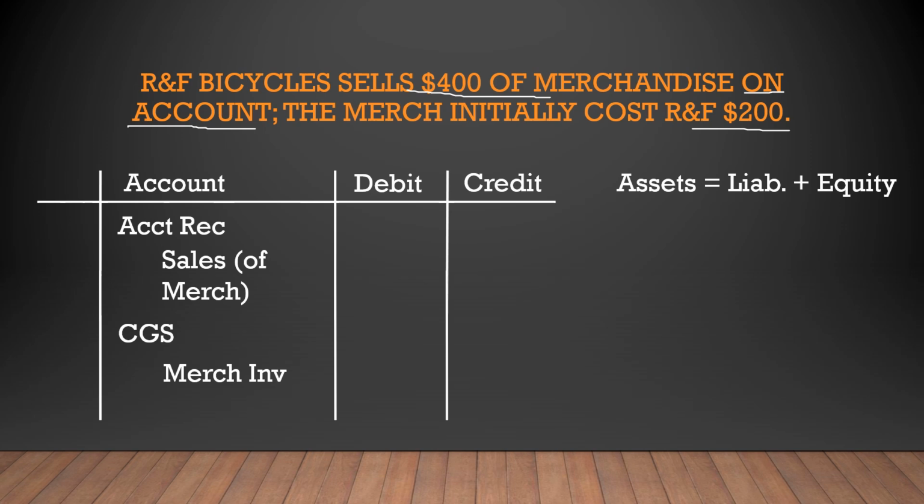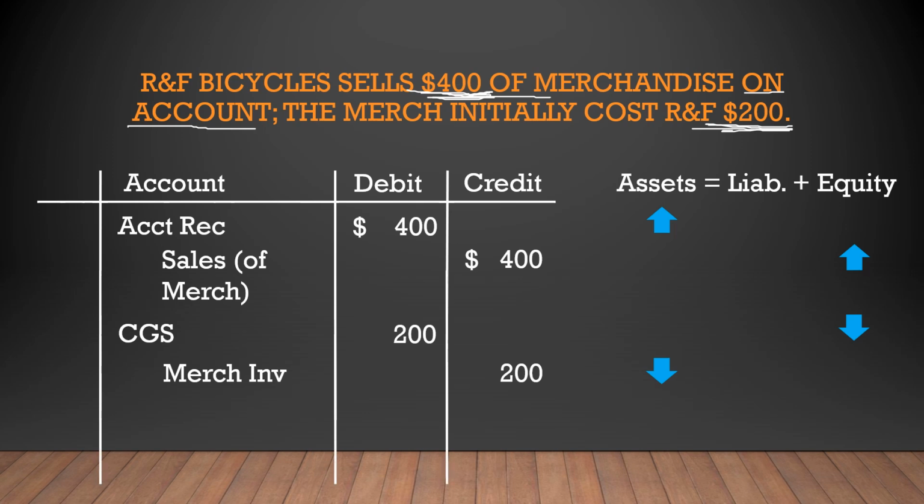The journal entry's impact on our accounting equation will also be the same increases and decreases to our assets and equity as with the previous entry. The $400 sales price is our debit to AR and our credit to sales, and the $200 cost is our debit to CGS and credit to merchandise inventory. When the buyer pays in the near future, the seller will credit AR off the books and debit cash collected.